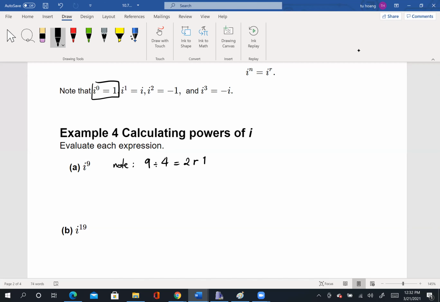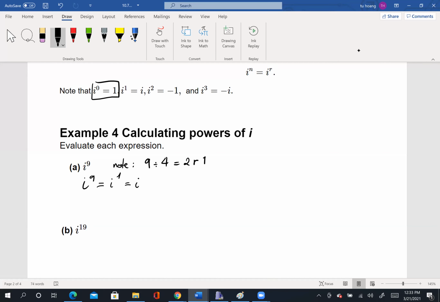So the remainder is 1, and I can rewrite i to the power 9 as i to the power 1, which is equal to i.